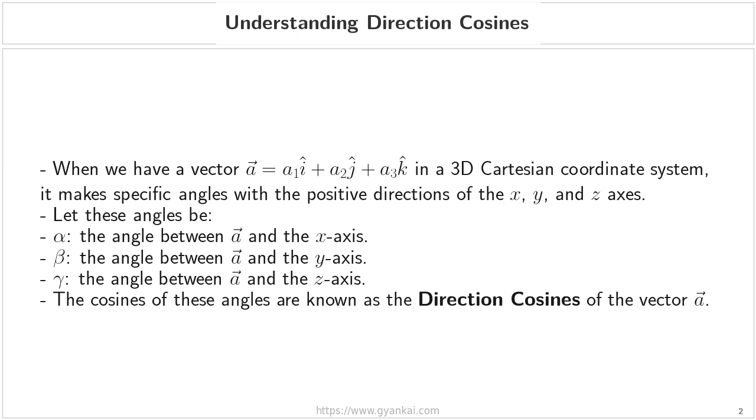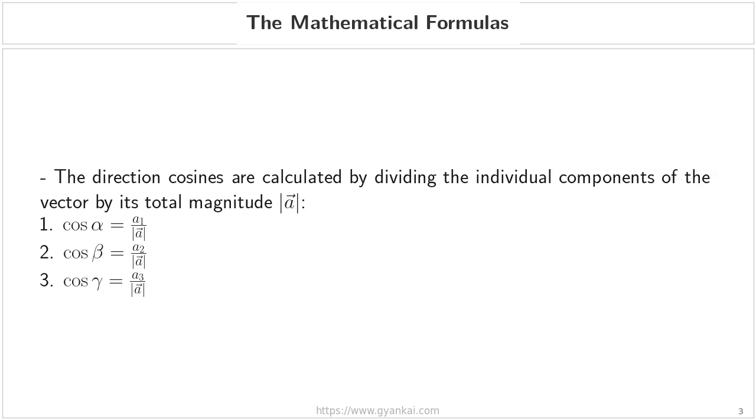Now that we've set the stage by recalling how to work with scalar products and projections, let's dive into the core of today's topic: the mathematical formulas. To find the direction cosines, we take each individual component of our vector and divide it by the total magnitude of the vector, which we denote as the magnitude of A with the absolute value bars.